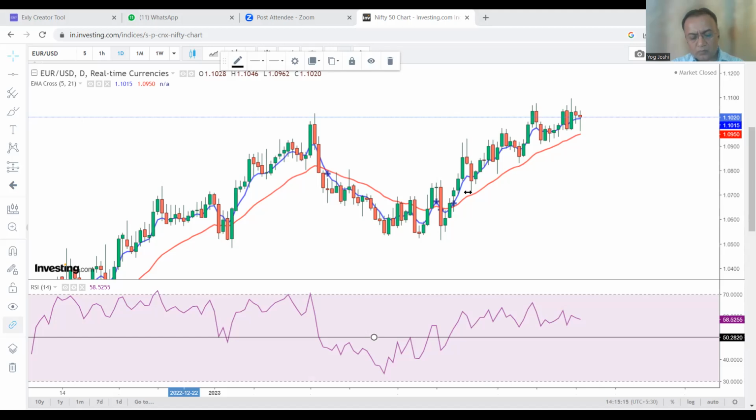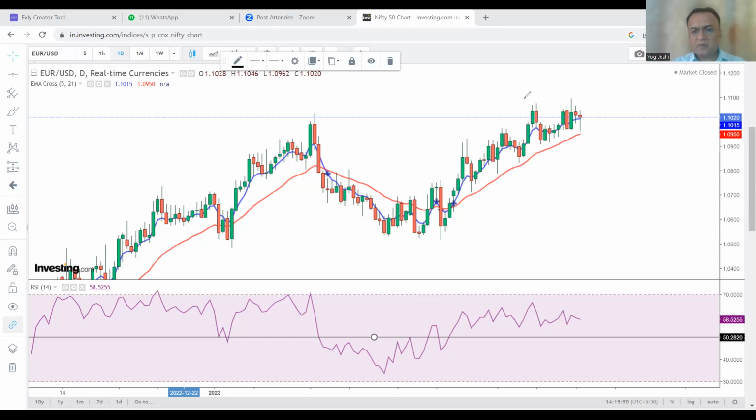If you combine the 5 and 21 moving average combination with RSI and MACD, these three indicators give great guidance about the charts. So do not use too many indicators. Moving average 5 21 combination, along with MACD and RSI, that's all.